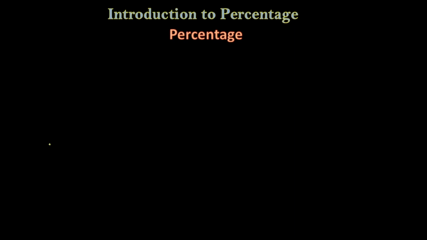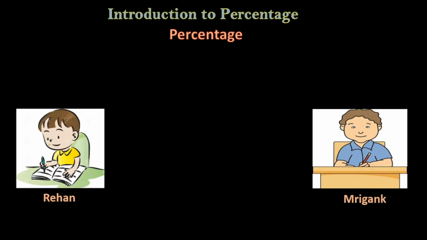There were two friends, Rehan and Mrigan. Rehan scored 98 out of 100, whereas Mrigan scored 24 out of 25 in their maths test. Can you tell who scored better? To find this, we have to find the percentage of their marks.